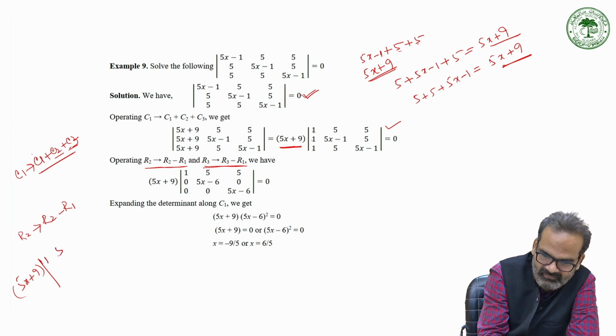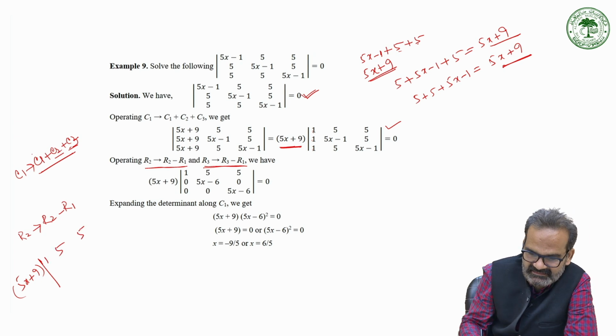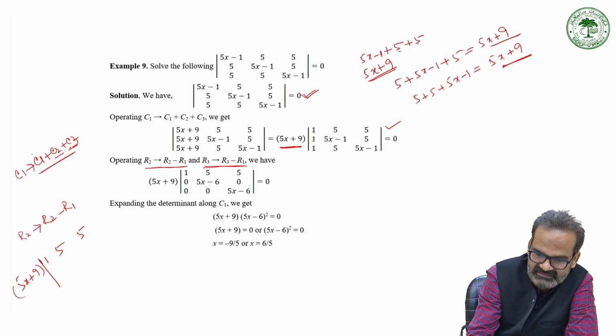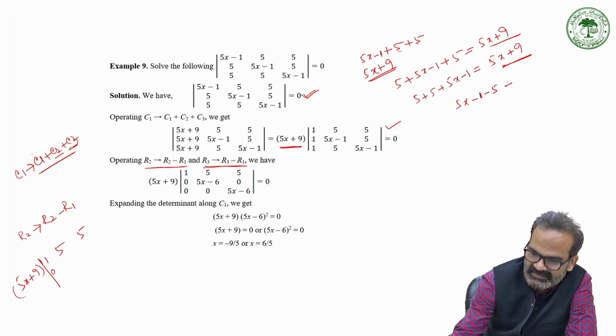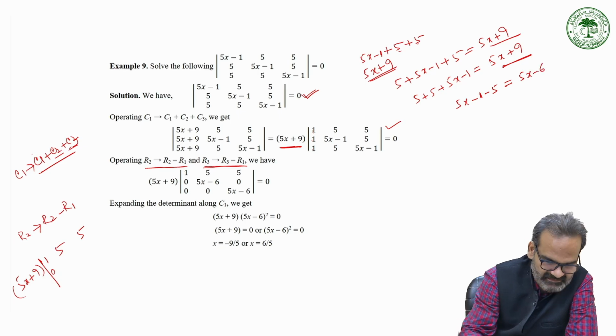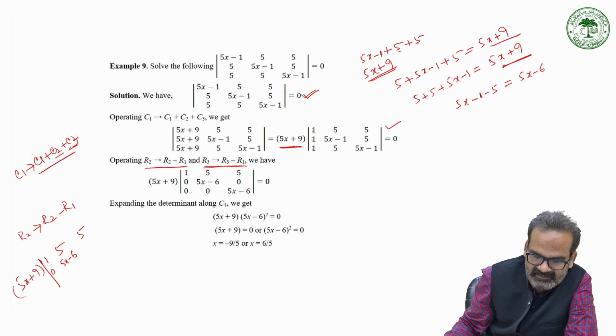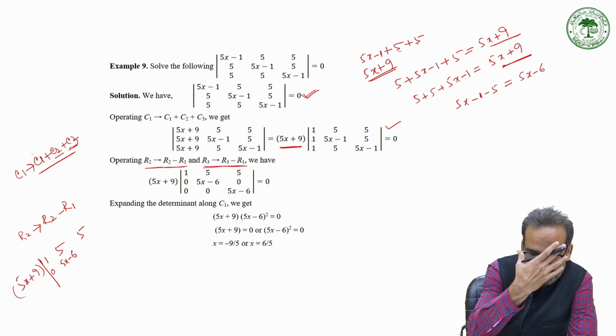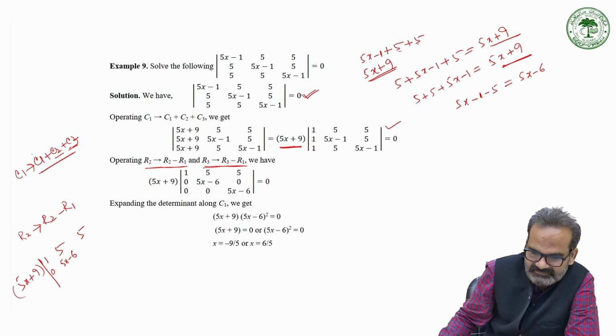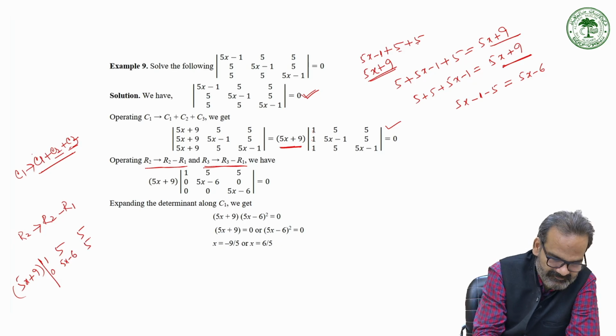So 1, 5x minus 1, 5. The first element of R2 is 1, so 1 minus 1 we will get 0. Second, 5x minus 1 minus 5, so you will get 5x minus 6, right? Third, R2 minus R1, we will get here 5.